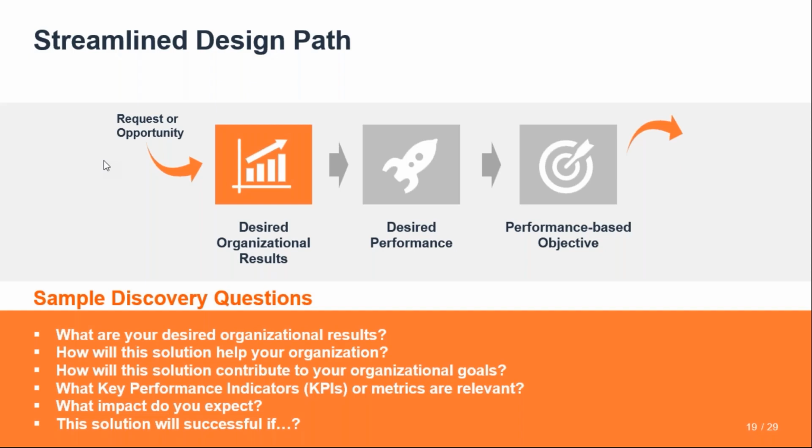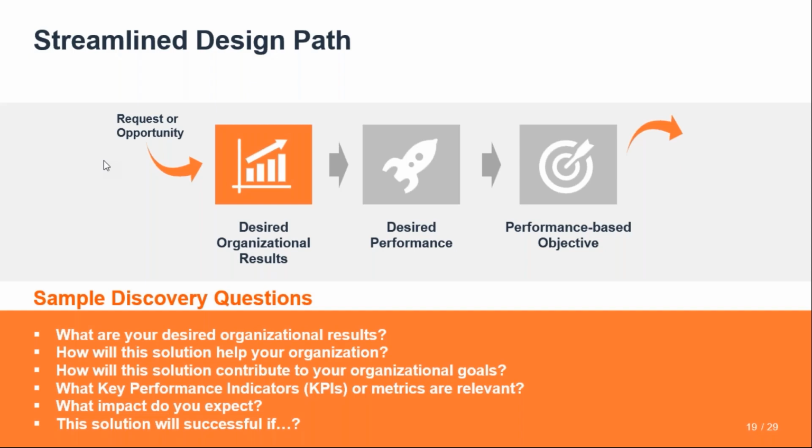And then we come to the desired organizational results. So to help them pin down and give us accurate insights into that organizational result for which they want this particular training, we can ask them what the organizational desired results are, how they foresee this particular solution helping their teams and the organization, and what are the key performance indicators or metrics that this particular microlearning asset would need to affect, and what is that impact they would expect.